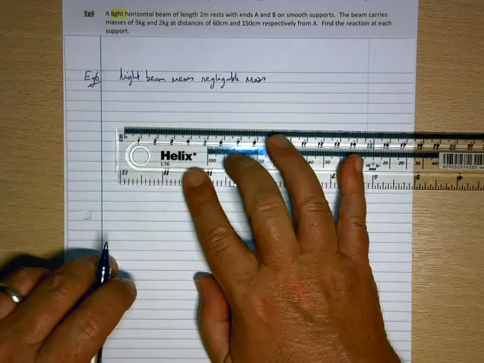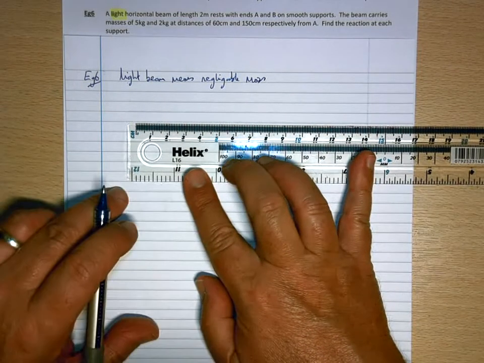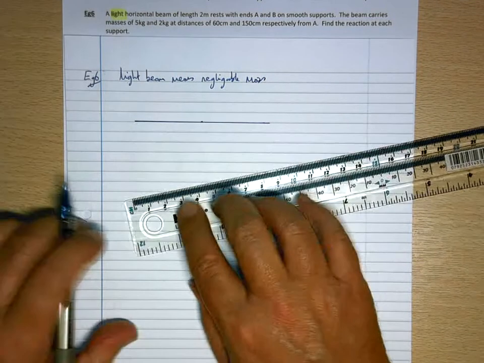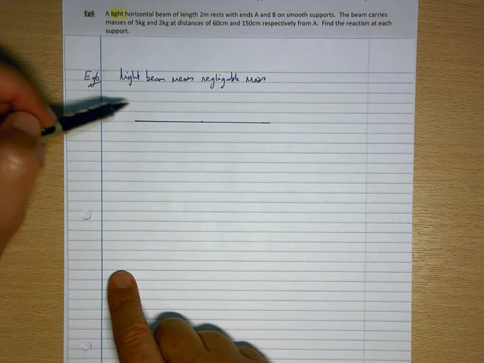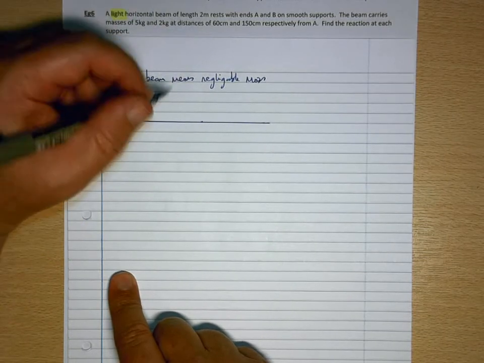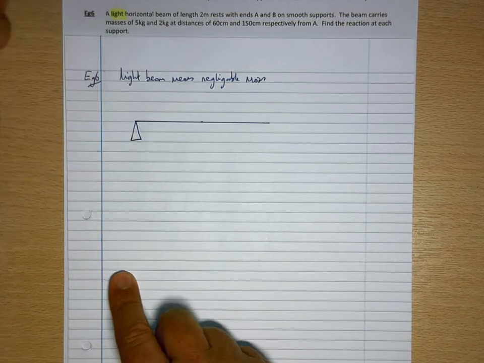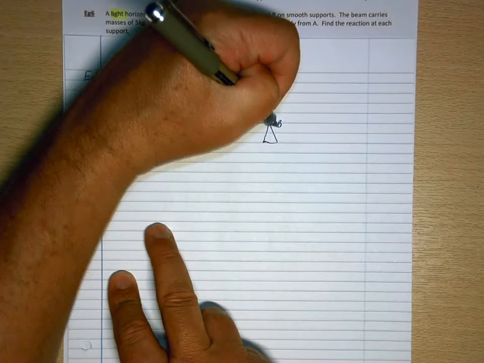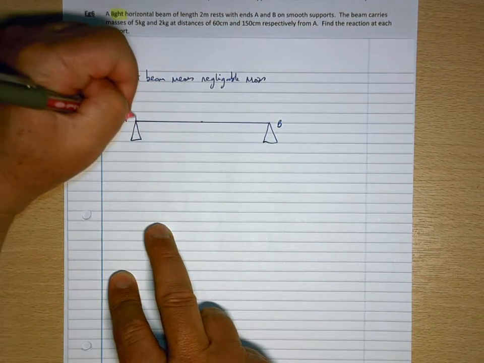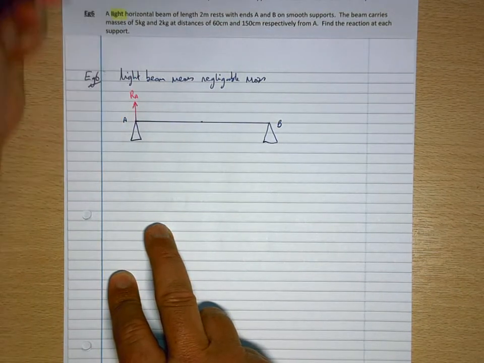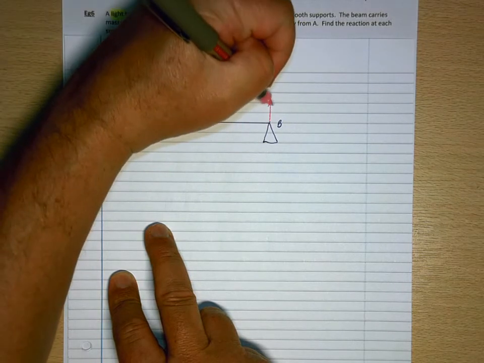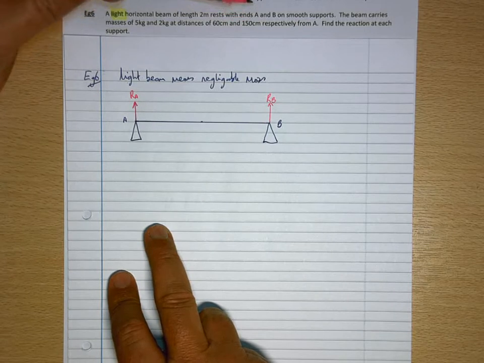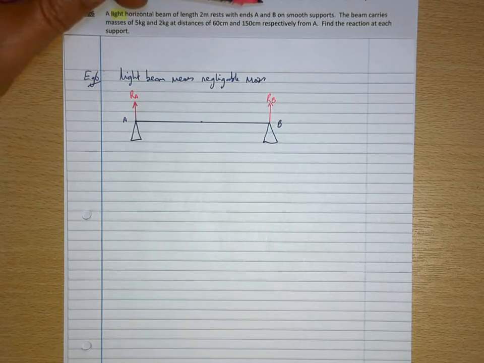Okay, so we'll draw ourselves a nice little diagram. This was of length 2 meters, A and B on smooth supports. So I'll put one support there at A, one support there at B. We're going to have a reaction at A, and a reaction at B. It also mentions in the question that the supports are smooth.